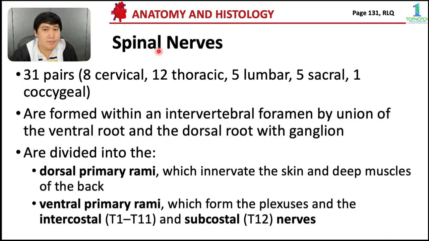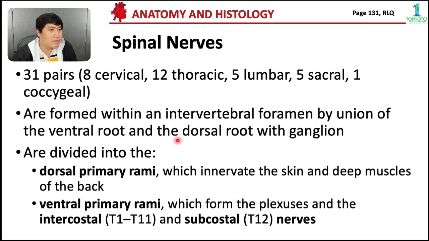Next, spinal nerves. You have 31 pairs of spinal nerves: 8 cervical, 12 thoracic, 5 lumbar, 5 sacral, and 1 coccygeal. These are formed within the intervertebral foramen by the union of the ventral root and dorsal root ganglia.